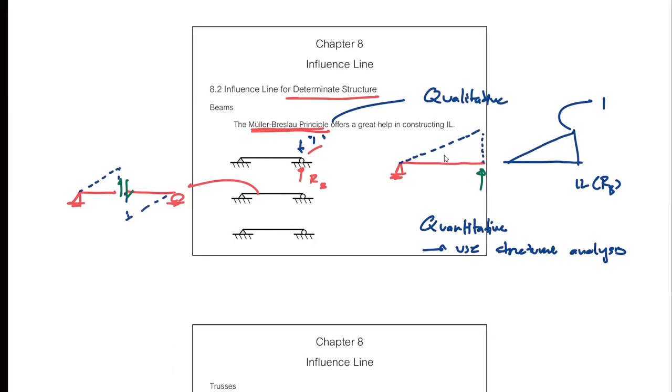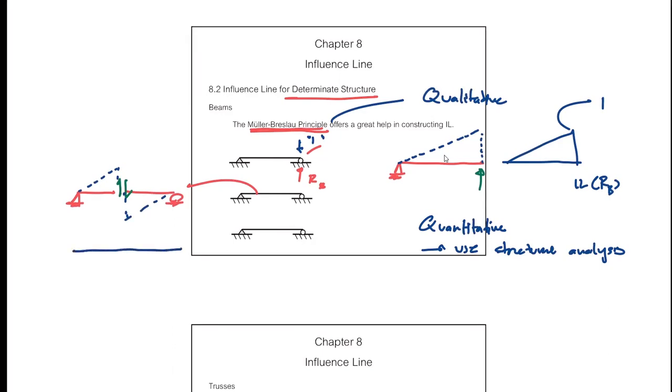So the influence line becomes something like this. Okay, influence line of the shear. And again, you know that when you apply the unit load, using your structural analysis knowledge, you know that this magnitude is 1.